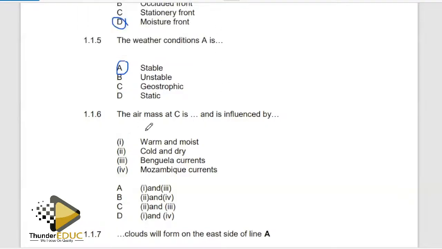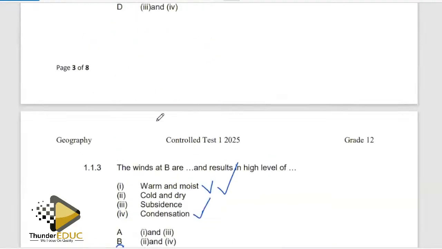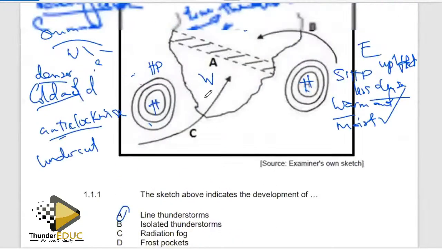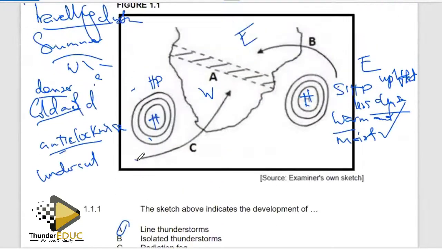Right, we move on to number 1.16. 1.16 says the air mass at sea is dash and is influenced by. Right, let's go to our diagram. The air mass at sea is coming from the South Atlantic high pressure.